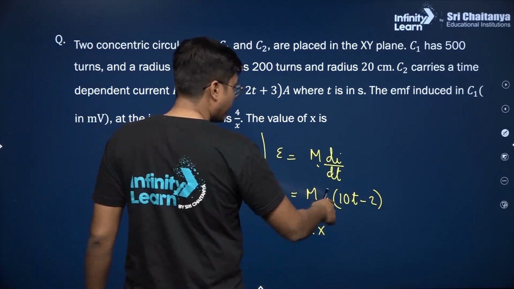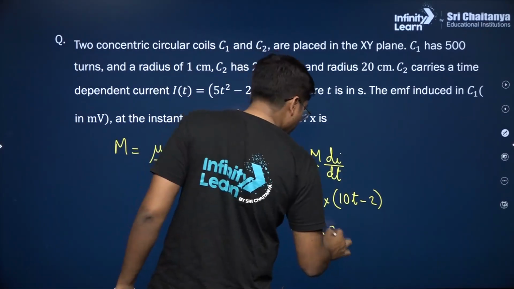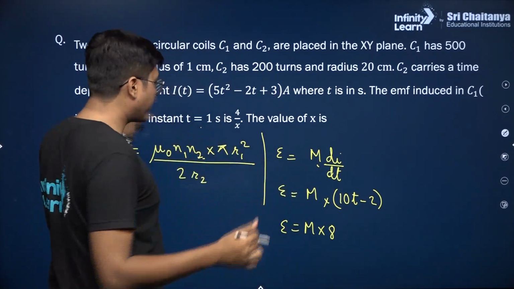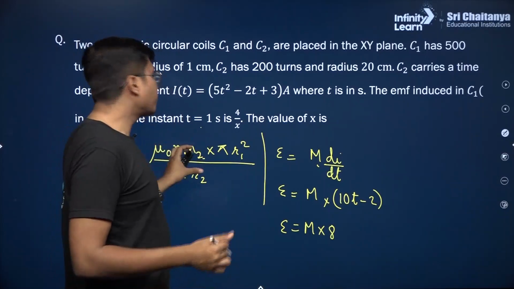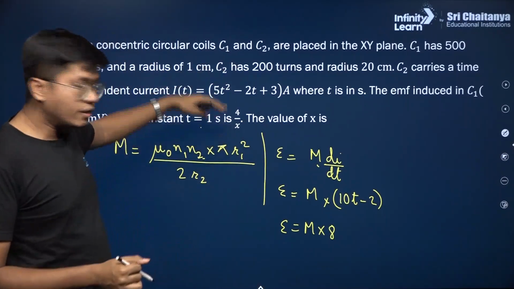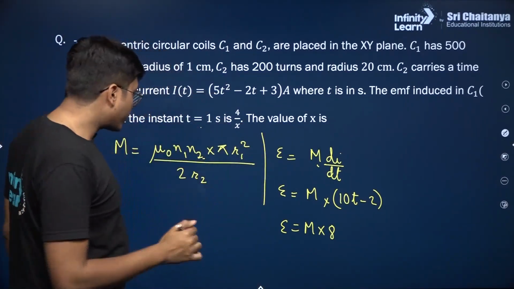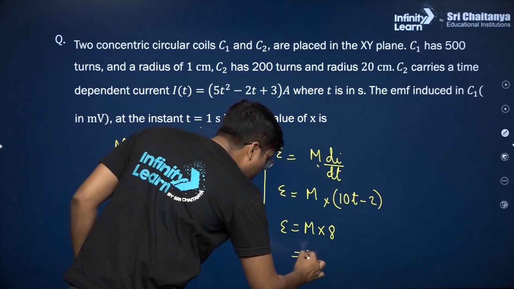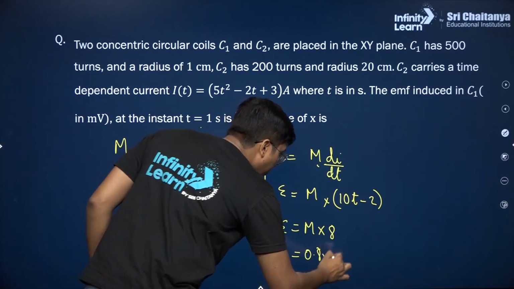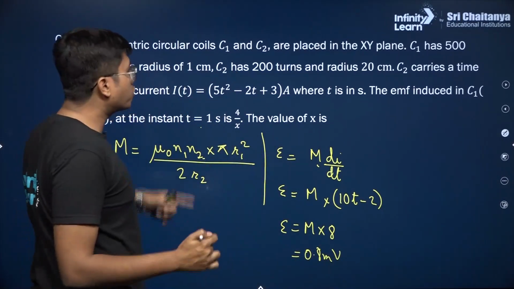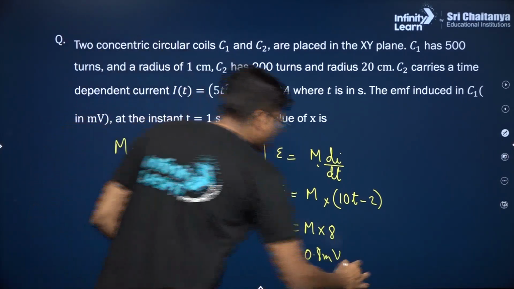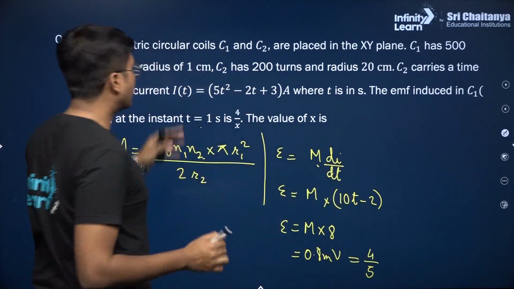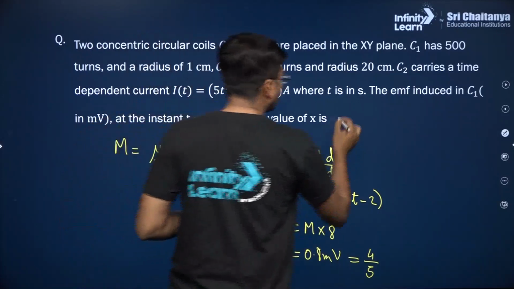So you will get 10 minus 2, that is 8. Again I am not putting in the values, there is not enough space. Just find the value of M here, all the quantities are provided, put them in here, and this E would come as 0.8 millivolts, which, since we need to represent it in terms of 4 by x, that would be 4 by 5. So the x value is going to be equal to 5.